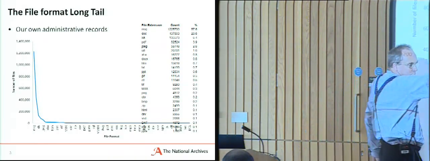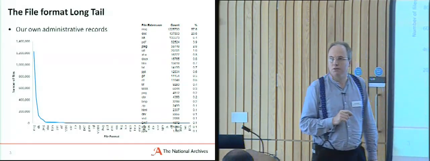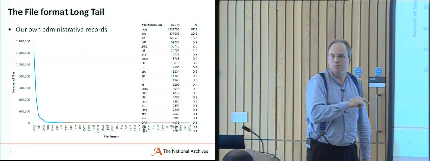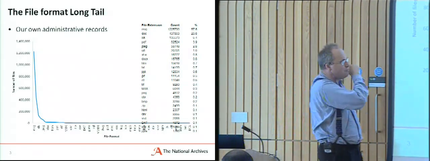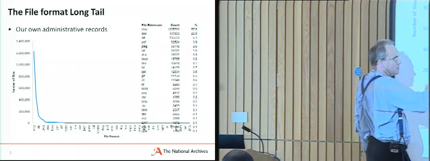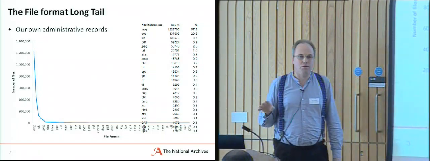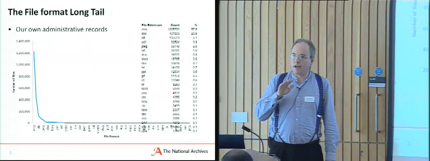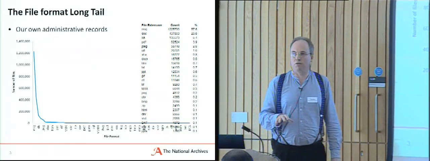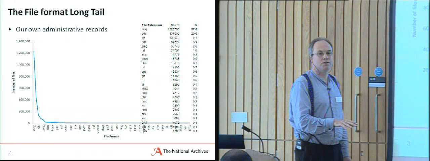That's the thing at the end of the long tail. If you don't know the shape and you can't identify what you've got, you end up attempting to curate the whole lot to the same level, and that is completely impossible in any institution budget that I'm aware of, and that's the point.